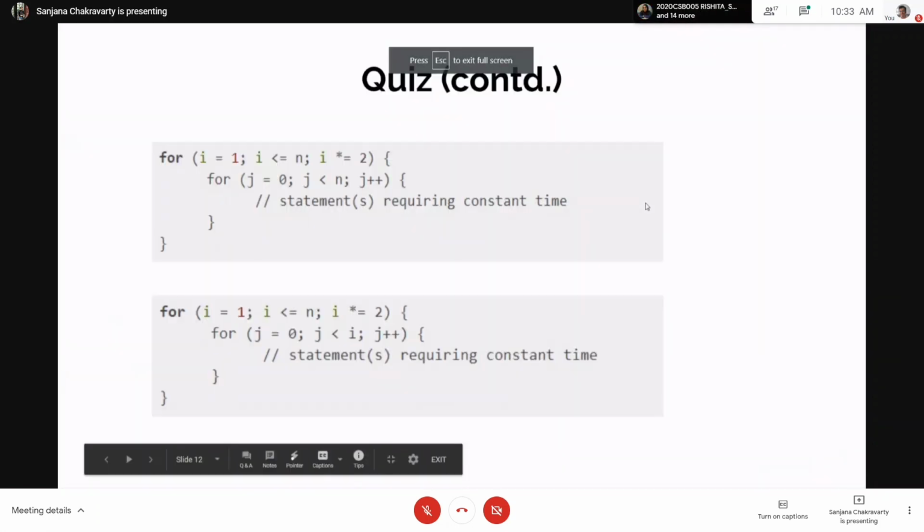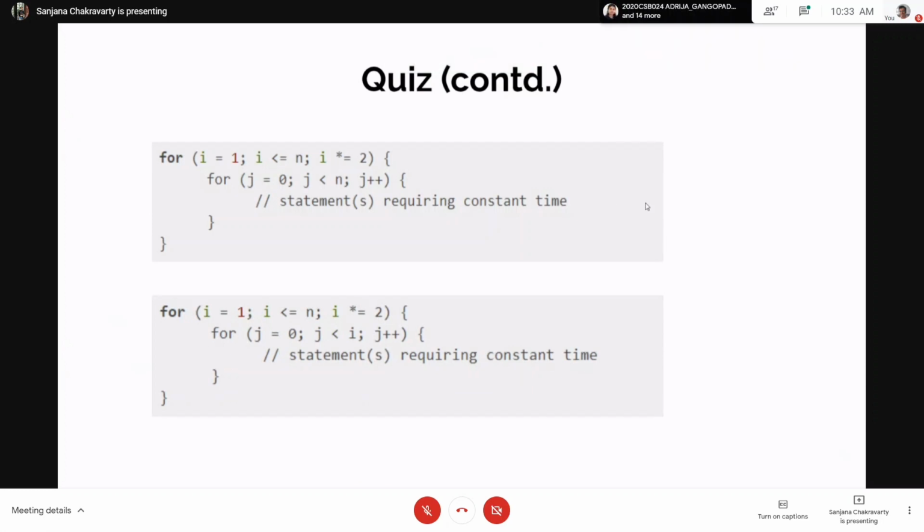And the final one. This one is my favorite. I want to see how many of you get it right. Any guesses? Dipandita says n factorial log n.